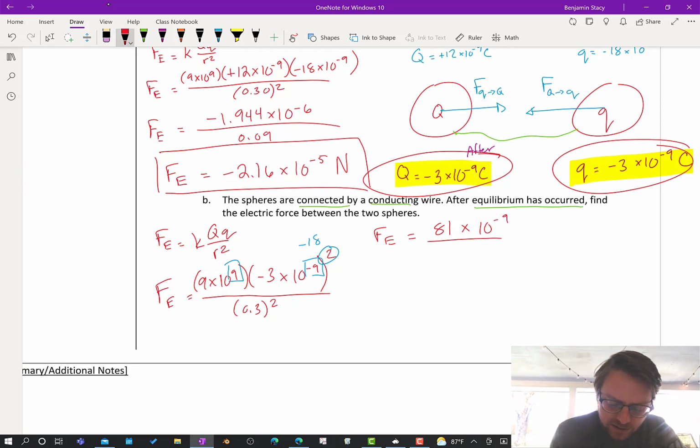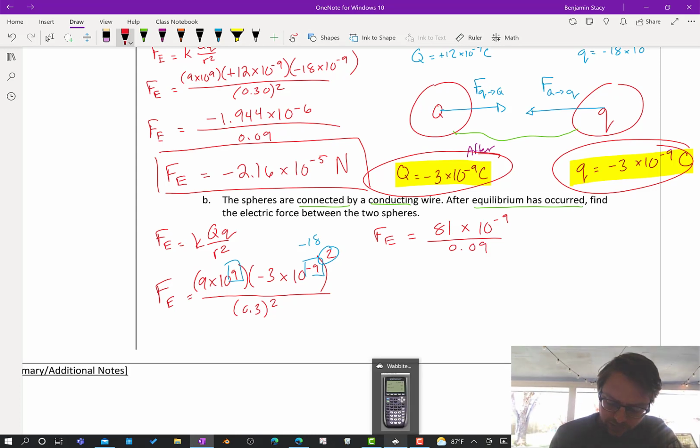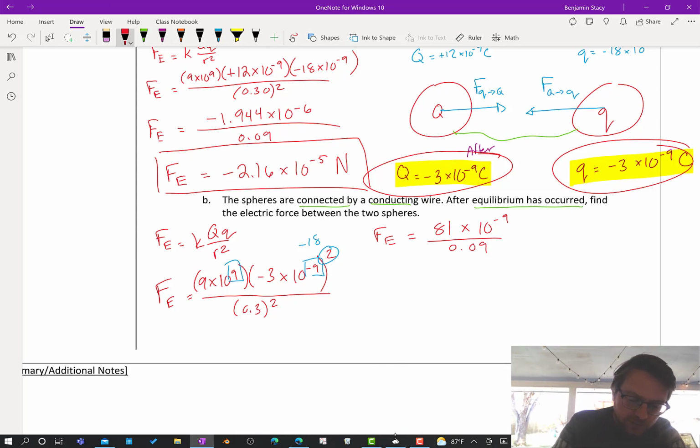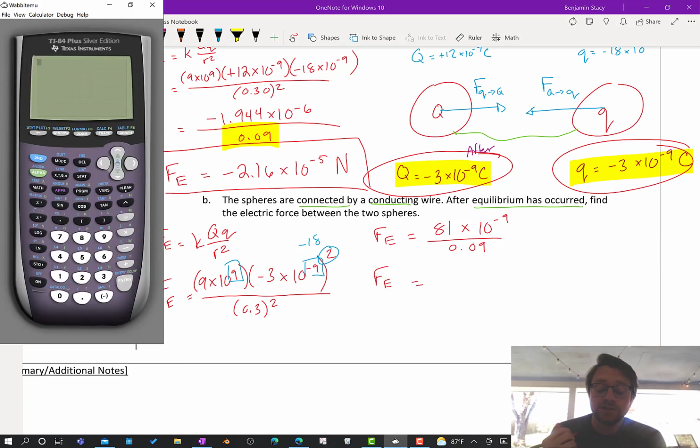That's upstairs. Downstairs, we still have 0.09 because we're squaring our 0.3, just like we had up here. So prefix-wise, we could say this is 81 divided by 0.09, which is the same as 9/100ths. We wanted to do it without just relying on the calculator.